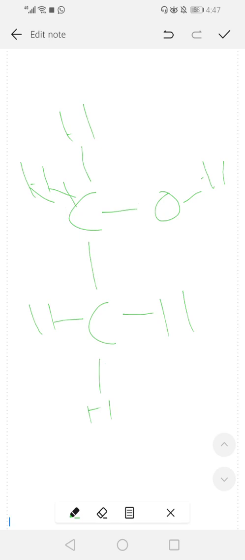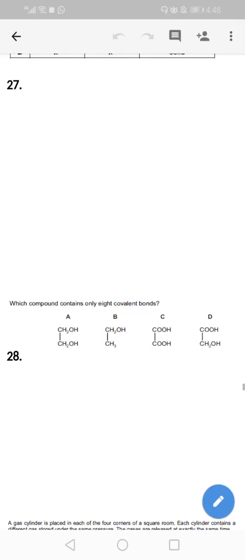Because in this carbon 2 hydrogens are attached, 1, 2, 3, 4, 5, 6, 7, 8. So there are 8 covalent bonds. We will discuss this compound in organic chemistry. So B is the right answer. C and D are not the right answers.